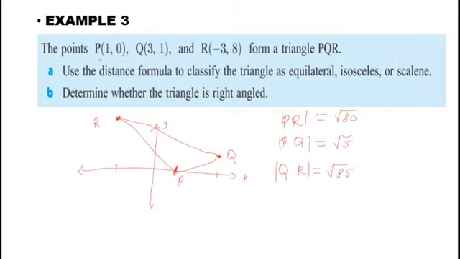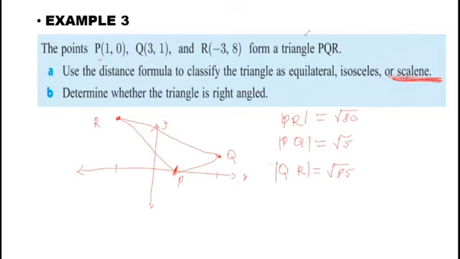So what is an equilateral triangle? All the sides are equal, but in this case, the distances we found show that the sides are not equal, so it's not equilateral. Isosceles means that 2 sides of the triangle should be equal, but in this case, we don't have 2 of the sides being equal. So in conclusion, this triangle is a scalene triangle.